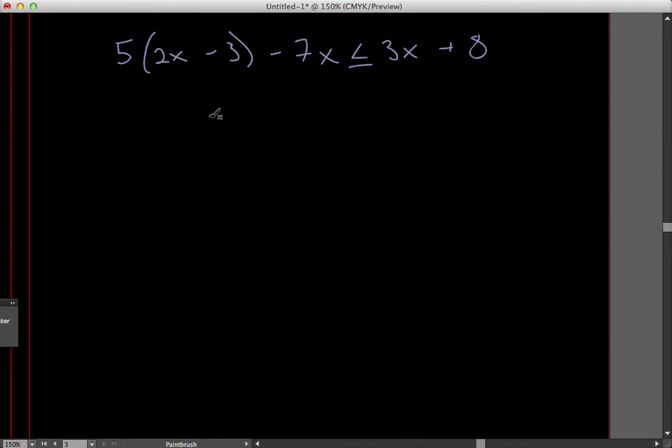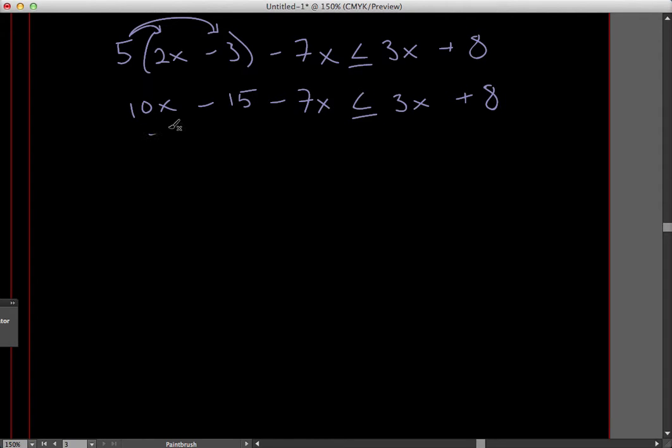So, once again, I recognize distribution. I see this 5 needs to be distributed to these two terms. So if I do that, that leaves me with 10x minus 15 minus 7x is less than or equal to 3x plus 8.